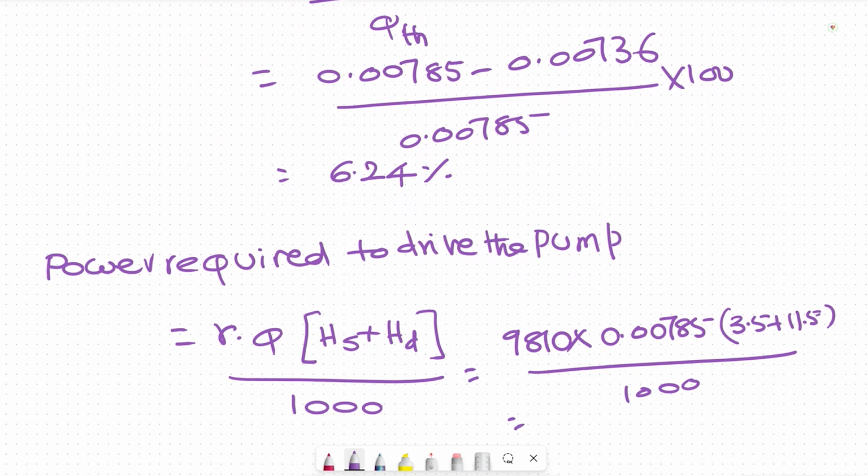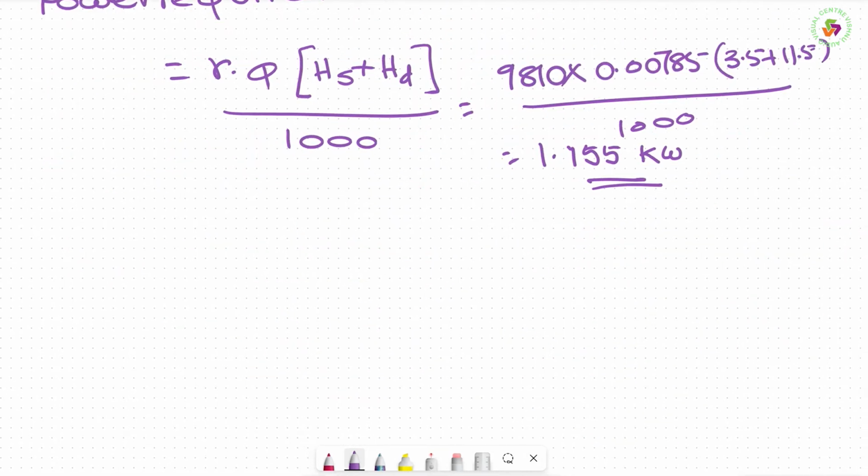You get 1.155 kilowatts. This is the first question. All I have done in one problem itself. Very simple, actually. There's nothing much difficult in any of the problems in reciprocating pumps.